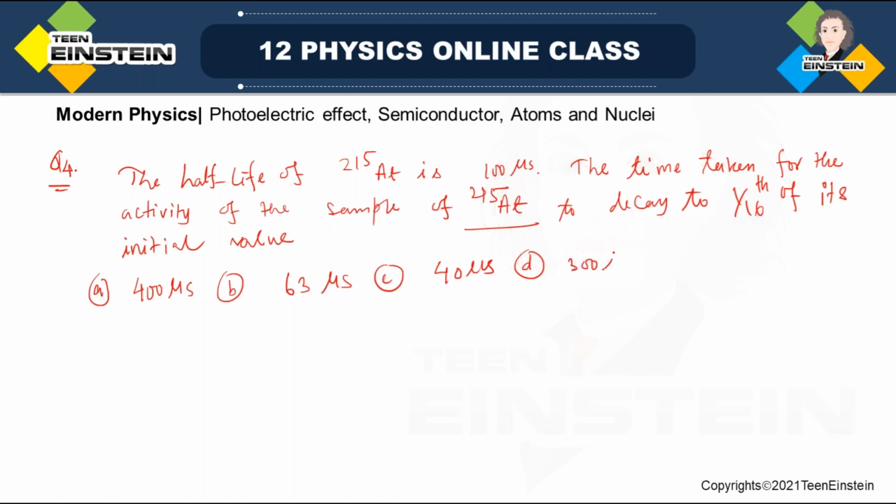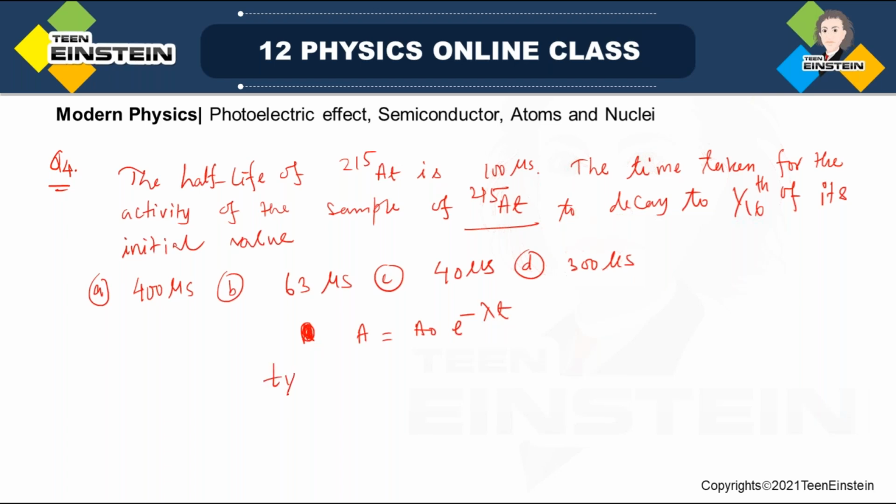You know activity and decay of original number, they vary. So activity, actually we can write A is equal to A0 e to the power minus lambda t. So this is how it varies with time.